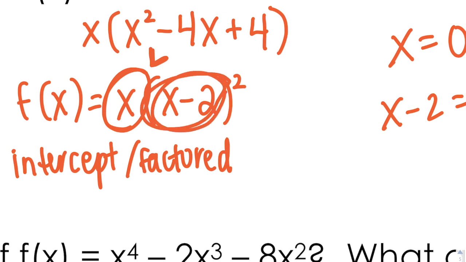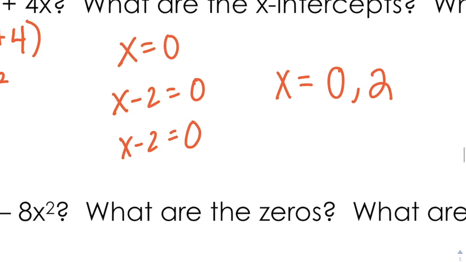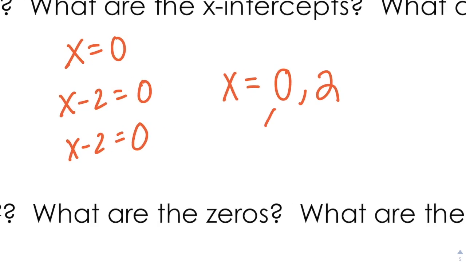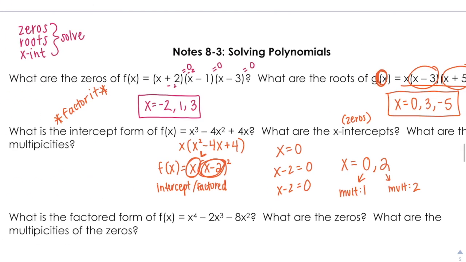This factor was quadratic because x minus 2 equaled 0, but technically you had 2 of them. So if it's quadratic, that just means it has a multiplicity of 2, and that's it. So for multiplicity, I can just say multiplicity is 1, and for that, I could just say the multiplicity is 2. So just remember, linear, automatic multiplicity of 1, quadratic, automatic multiplicity of 2, maybe you have something cubed, multiplicity of 3, and that's it.